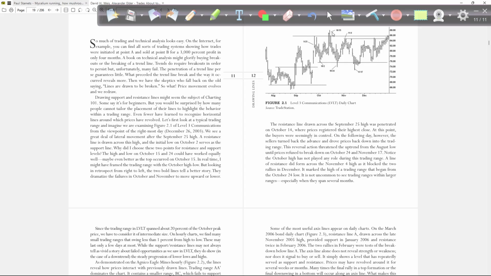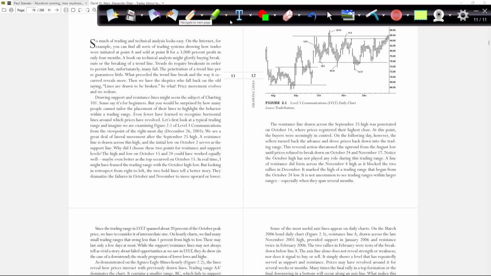It did penetrate here, right? It penetrated this resistance line where prices registered their highest close. At this point, the buyers were seemingly in control.